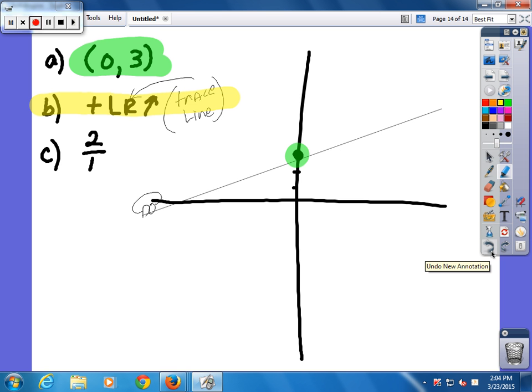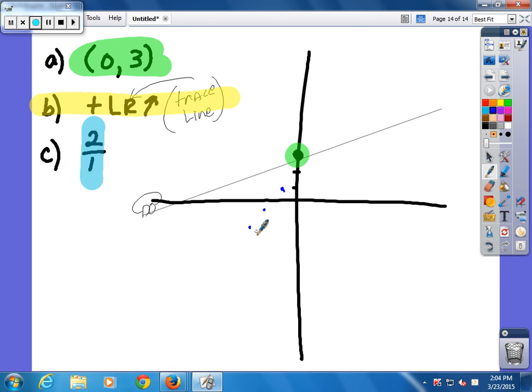Since that's blue, I'm going to take a blue dot maker. And 2 is vertical, so I'm going to go down. 1, 2. Where's my trace line? Is my trace line over here, or is my trace line over here? It's over here, right? So I'm going to go 1 over.